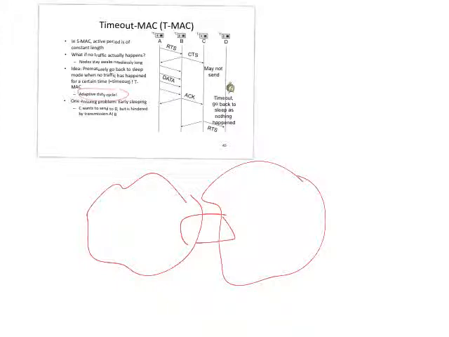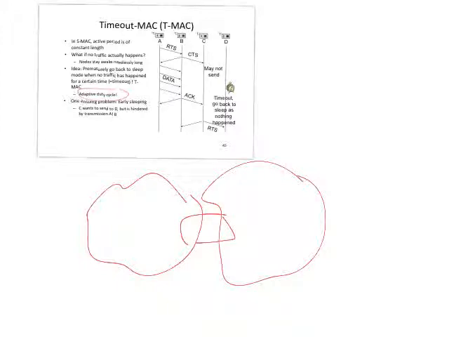In the active period, you wake up based on the information that you receive in the beacon. The beacon tells you, let's say, you have an active period of 3 milliseconds and a wake-up period of 20 milliseconds, which means that you keep yourself awake for 3 milliseconds, and then you sleep 17 milliseconds before you have to wake up again. That's what the beacon tells you.